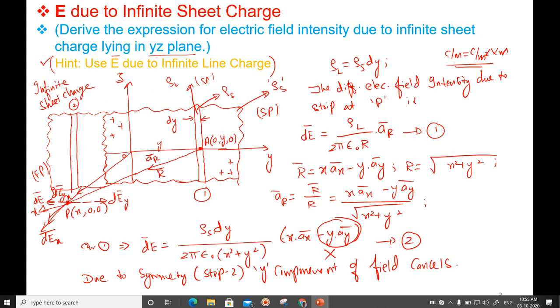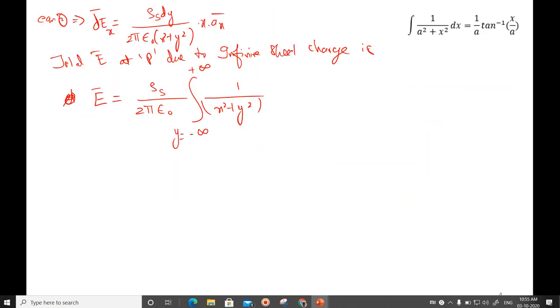This x can be taken out because it is constant, so I associate the direction, it is ax. Is it fine? Okay, next we have to integrate this. Sorry, this dy I have left out, so I'll write dy here.